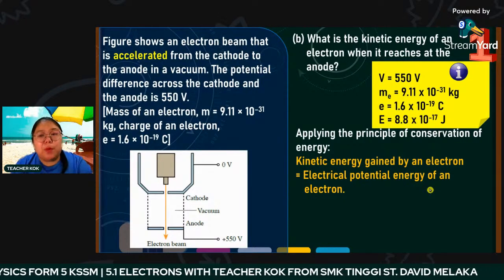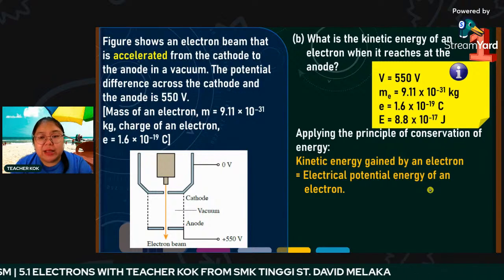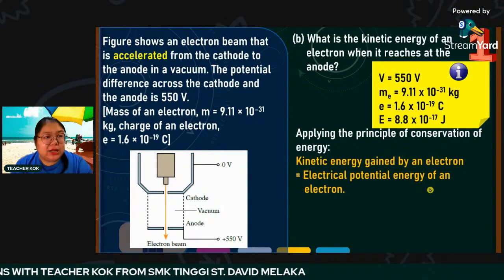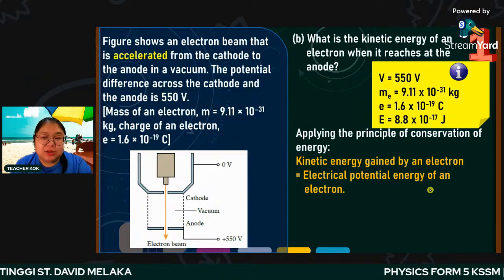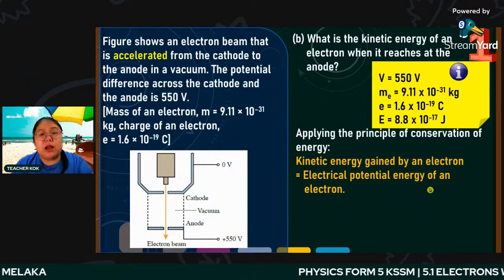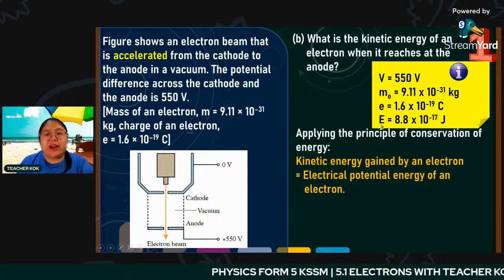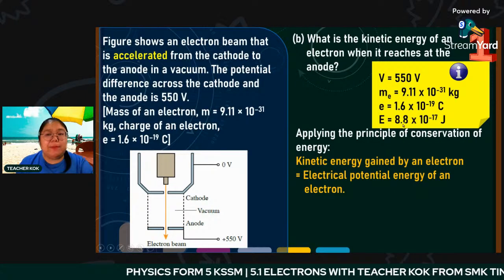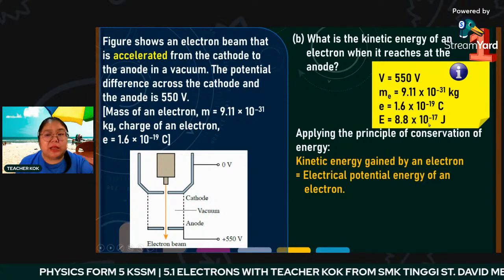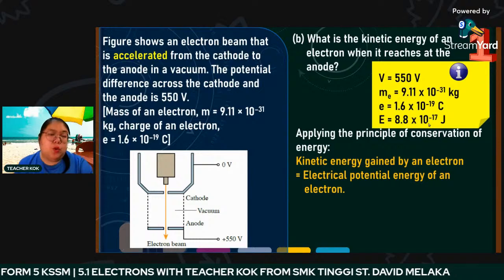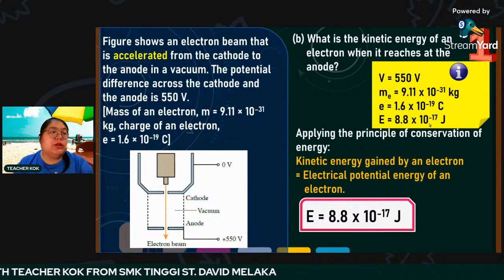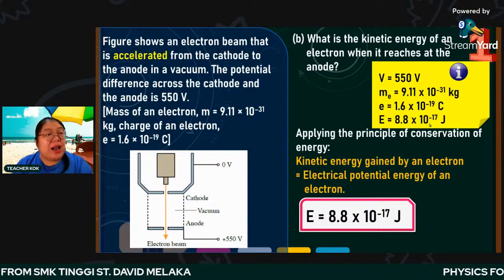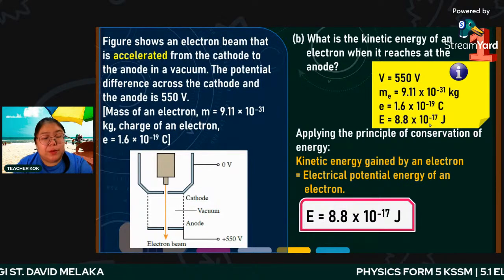So the 8.8 times 10 power of negative 19 for the electrical energy, you convert straight to the kinetic energy. This one we need no calculation, we write the answer: 8.8 times 10 power of negative 17 joule, same as the answer just now. Do you understand the principle or not?